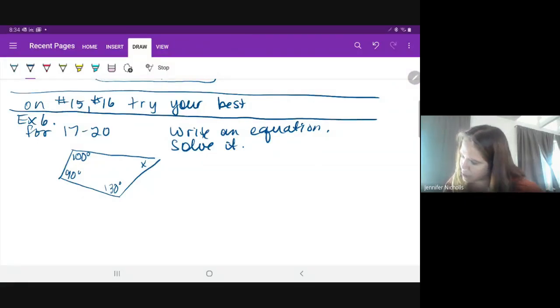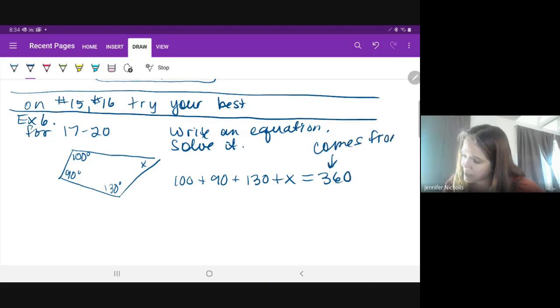For example 6, they want you to write an equation first. So you're going to put 100 plus 90 plus 130 plus x equals 360. Now this 360 comes from the instructions, so you're not trying to memorize that.